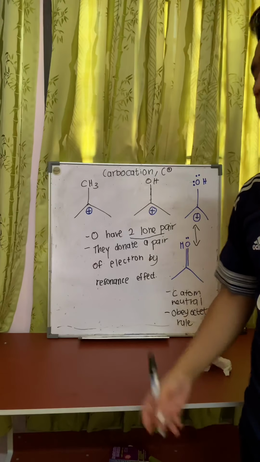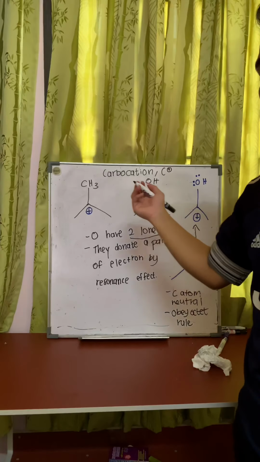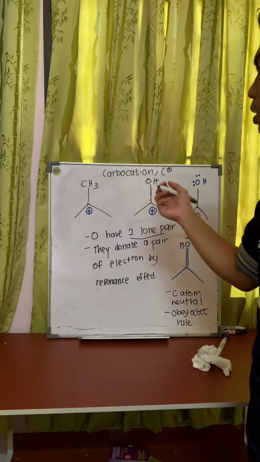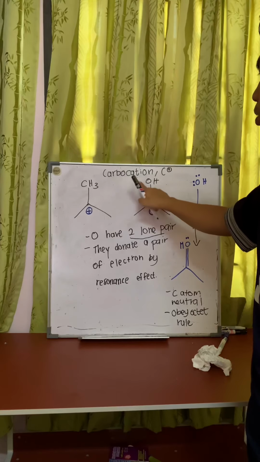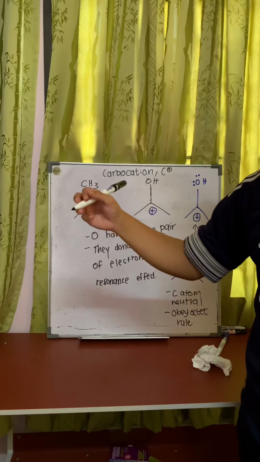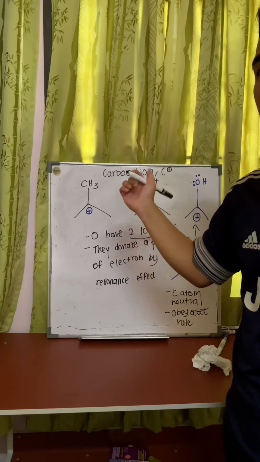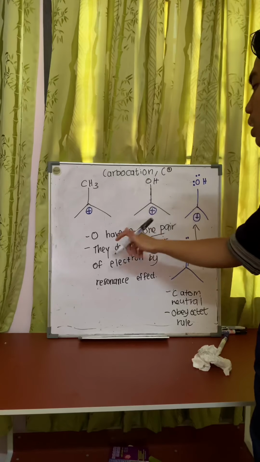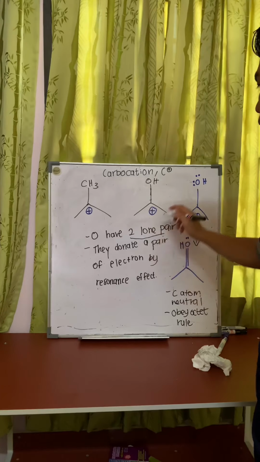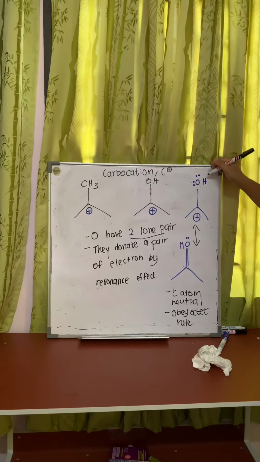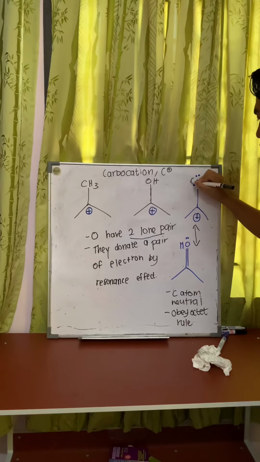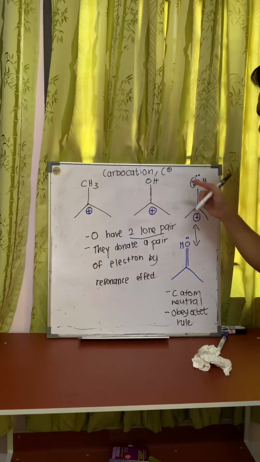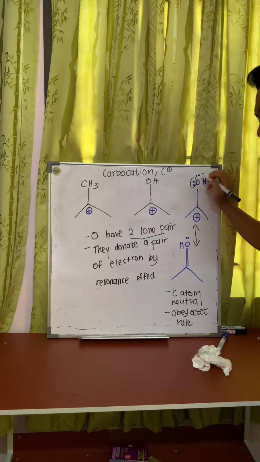So which is the best at stabilizing the carbocation? I think we can all agree that the hydroxy group can better stabilize the carbocation. The reason is, because oxygen has 2 lone pairs, it will donate a pair of electrons to the carbocation by resonance effect.